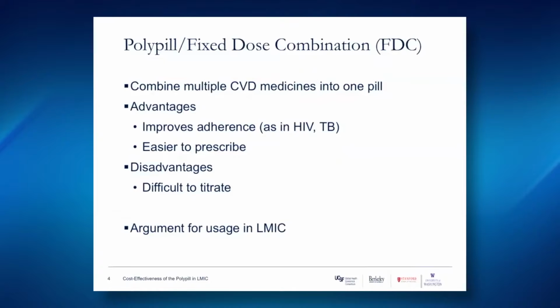But there was an argument to be made that the Polypill could be very useful in low and middle income countries where patients aren't getting the right medicines anyway. Even if you're not able to achieve the optimal dose, at least getting them something and getting all of these medications to them at once would be a good idea.